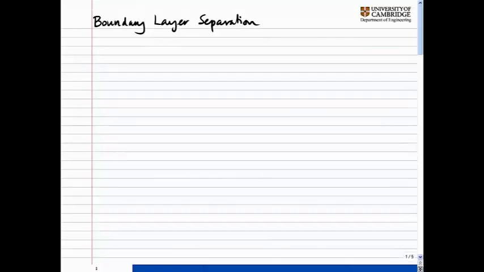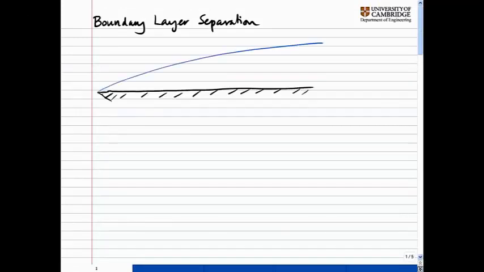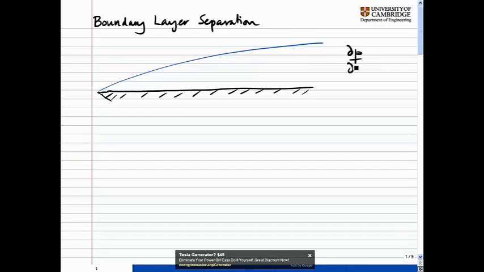Boundary layer separation has one of the most profound implications for aerodynamics, which is why it's so important. Let's start by considering a boundary layer that's growing over a flat plate. The first important fact is that the change in pressure in the y direction, dp by dy, of the pressure field, which is a function of x and y, and we might as well take the origin as being the front of the plate, is very, very small, so it's approximately equal to 0.